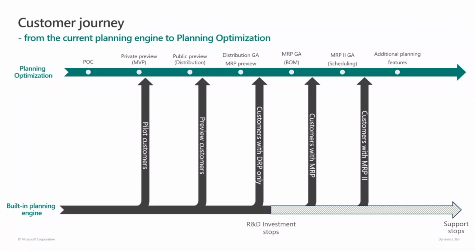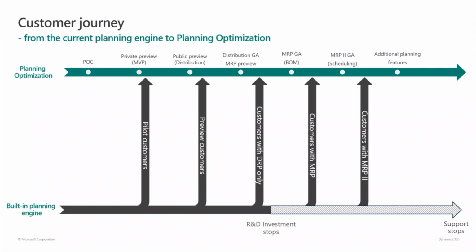But if you see the path here, we have pilot customers moving to planning optimization. Once we have the public brief for distribution, we will be releasing it on GA. We want customers and partners to move along with the progress we are making, ensuring that they move to the planning optimization engine and have all the capabilities.